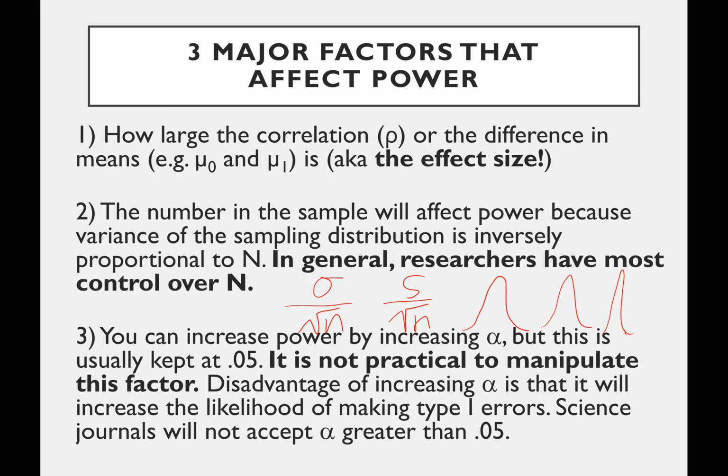It is not practical to change that alpha level to be bigger, because that just means you have a way bigger chance of making a type 1 error. And science journals do not want you to be making a type 1 error. They will not accept your study if you're using a big alpha. They're going to be like, what? This could easily be a type 1 error. Okay. So 3 major factors: effect size, sample size, and your alpha.